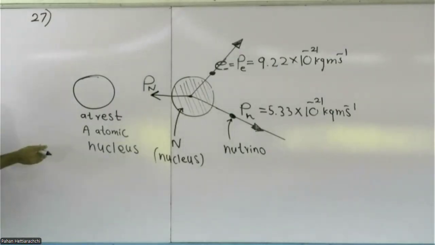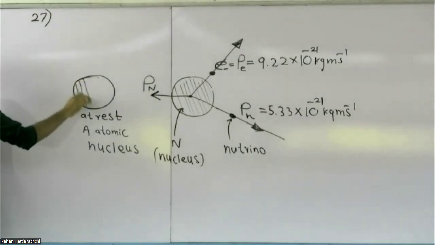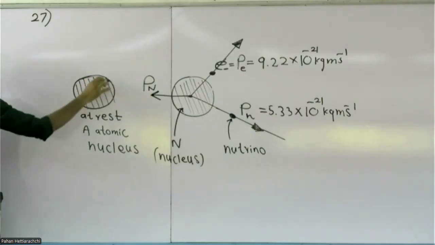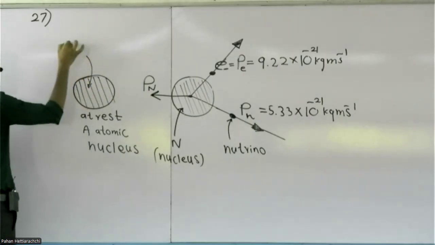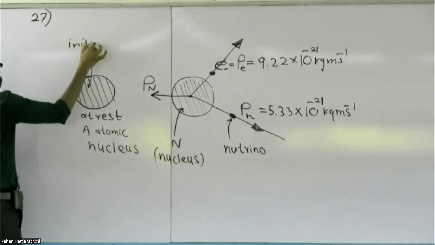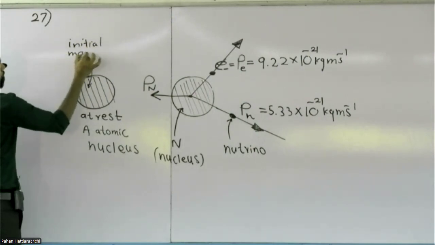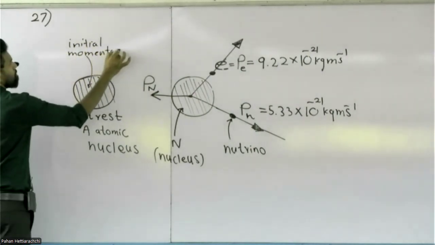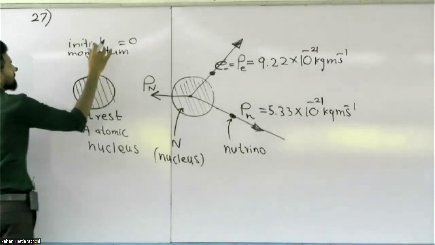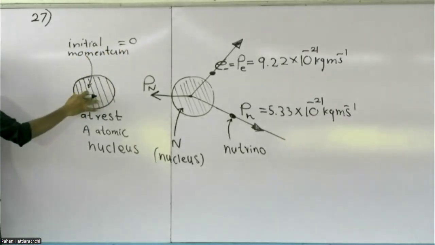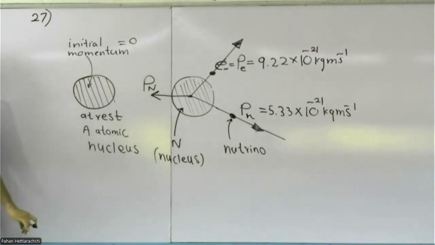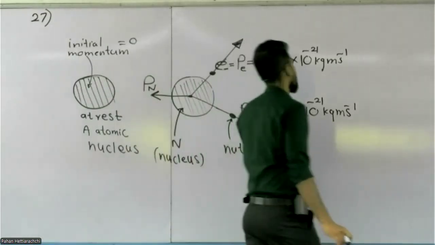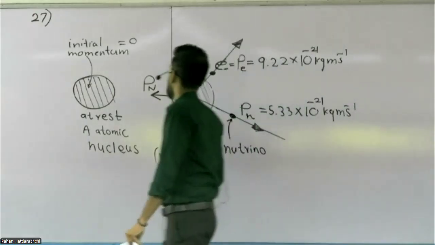Okay. Initially, if this nucleus is at rest, initial momentum is 0. If so, final momentum should also become 0.